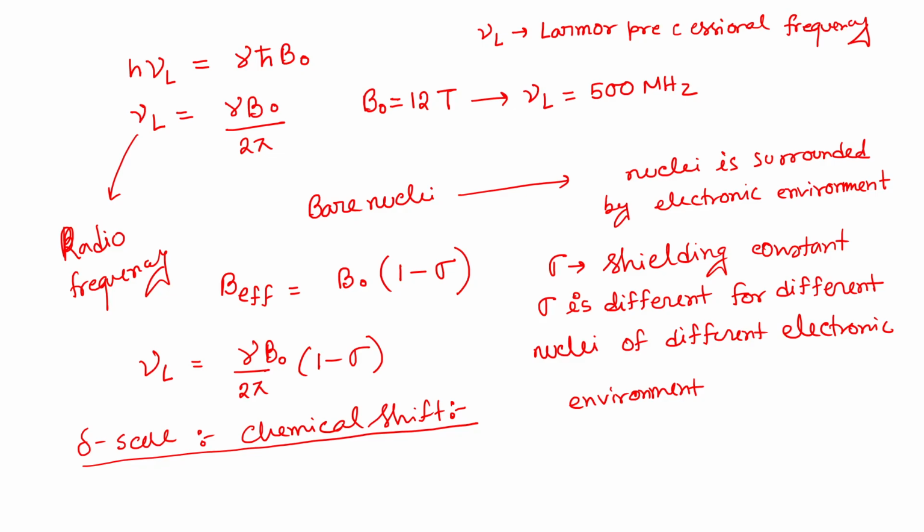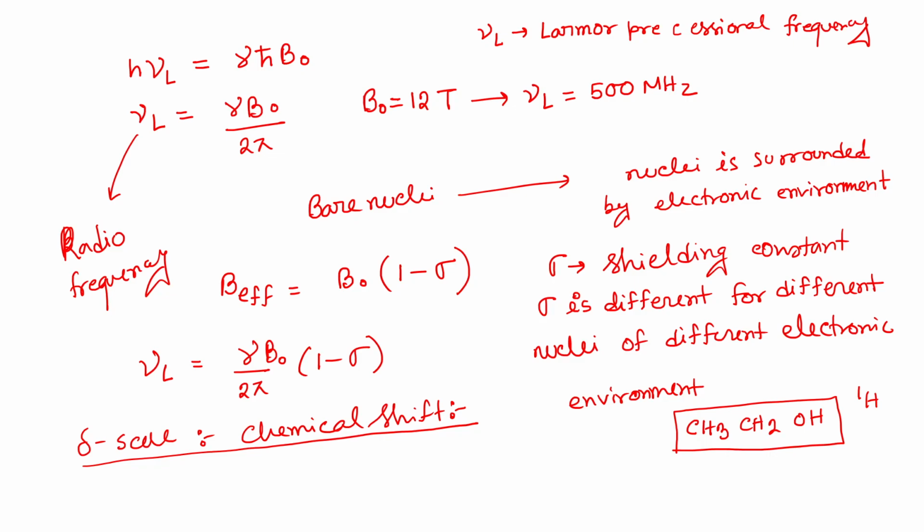Suppose, for example, we are taking ethanol. So ethanol has, as you remember, CH3CH2OH. From our discussion till now, what we have understood is that if we are discussing only proton NMR, there are three kinds of proton nuclei because of their certain electronic levels.